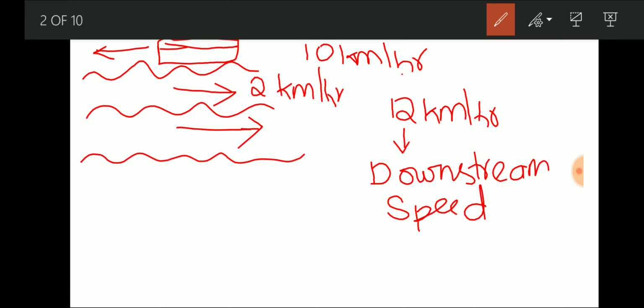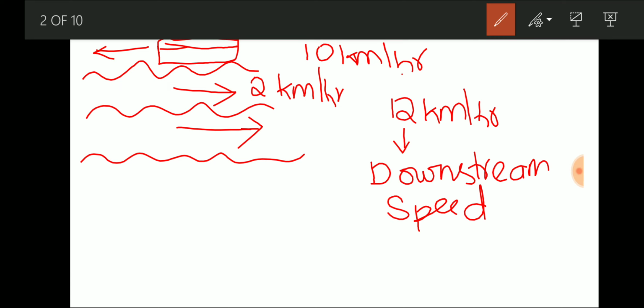Here, anything more than the speed of the river will be able to move the boat to the other side. If both the boat and the river are at 2 kilometers per hour, there'll be no movement in the boat, because the river will not allow the boat to move.